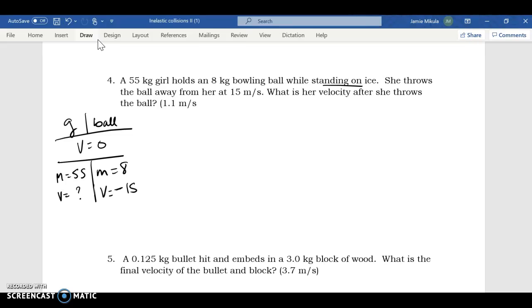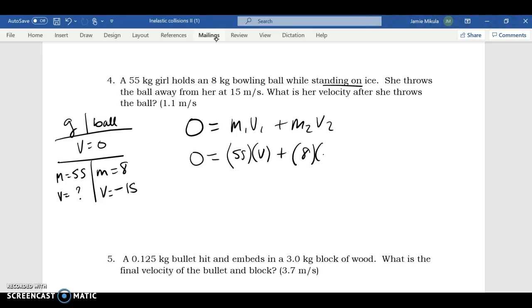So I'm going to make the ball negative, so she should be positive. So 0 equals m1v1 plus m2v2.